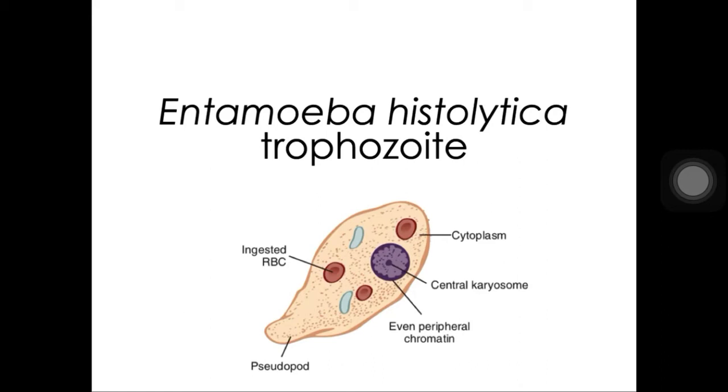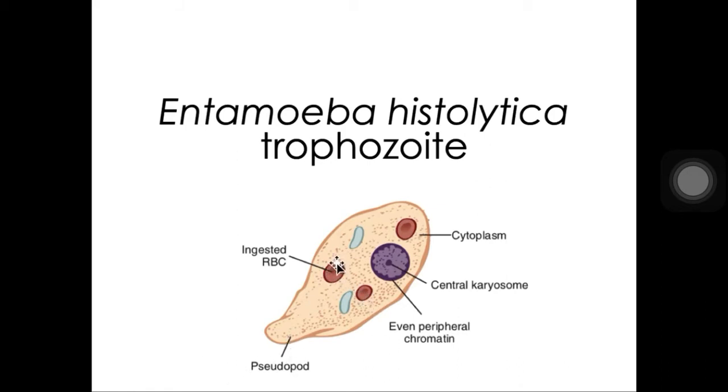So if we are not sure if it's dispar or histolytica, then it must be reported as Entamoeba histolytica / Entamoeba dispar. But the World Health Organization also recommended that Entamoeba moshkovskii should also be included in addition to Entamoeba dispar.